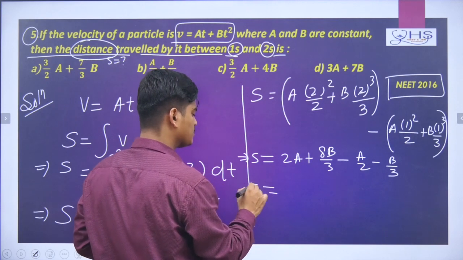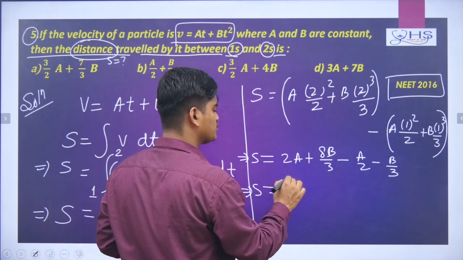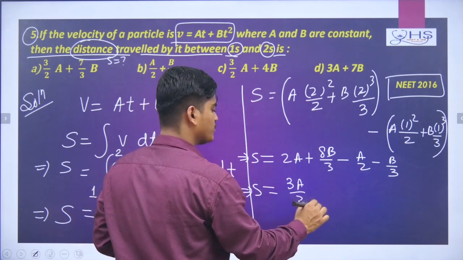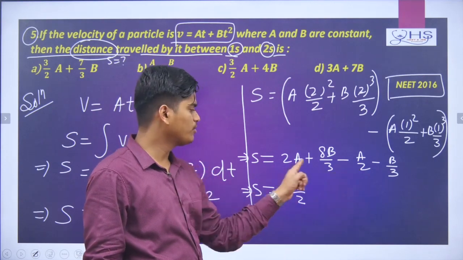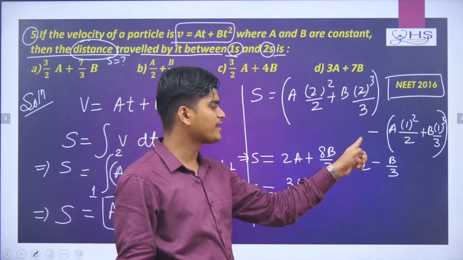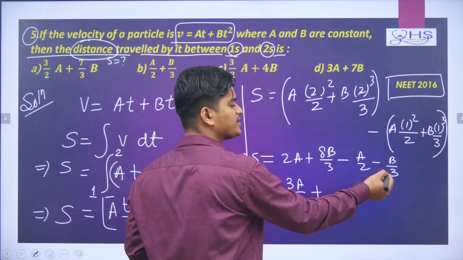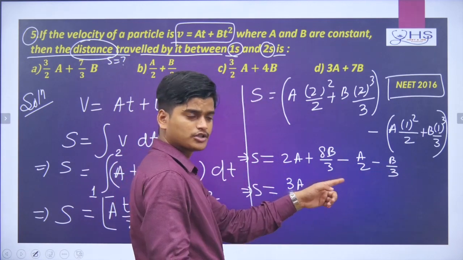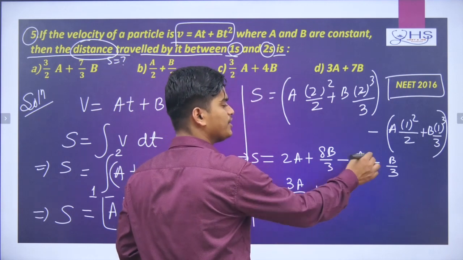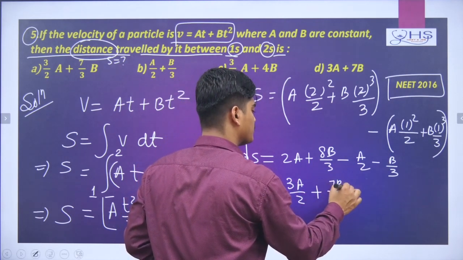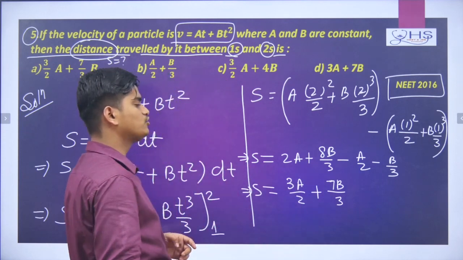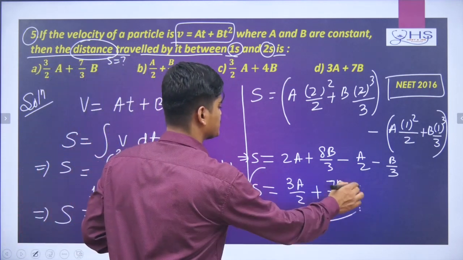Now subtract. 2a minus a by 2: take LCM 2, it is 4a minus a, which is 3a by 2. Then plus 8b by 3 minus b by 3, which is 7b by 3. So you are getting 3a by 2 plus 7b by 3 as the distance covered.